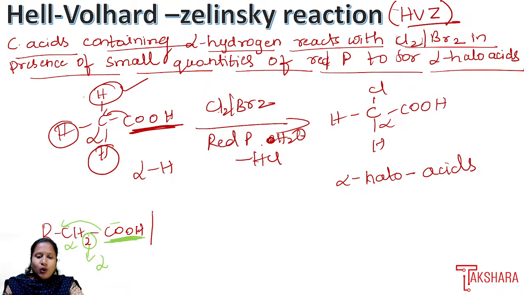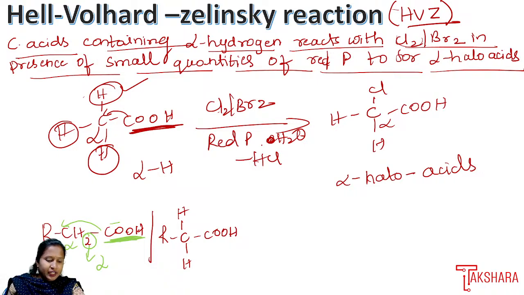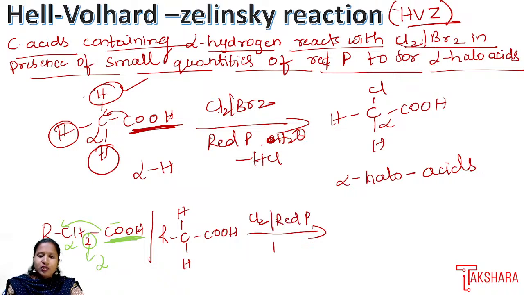So, RCH2COOH undergoes reaction with Cl2 in presence of red phosphorus and also water. What happens? One Cl replaces any one of the hydrogen atoms attached to the alpha carbon atom.